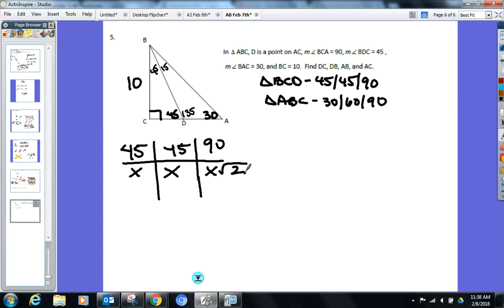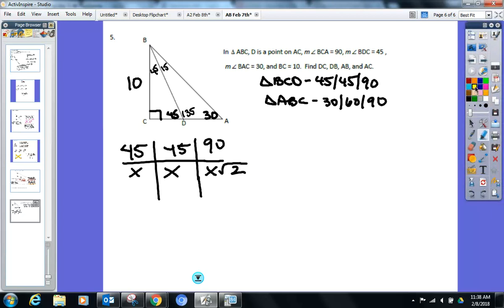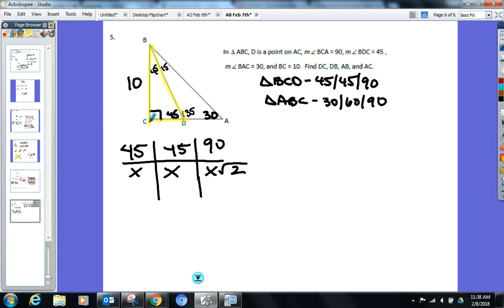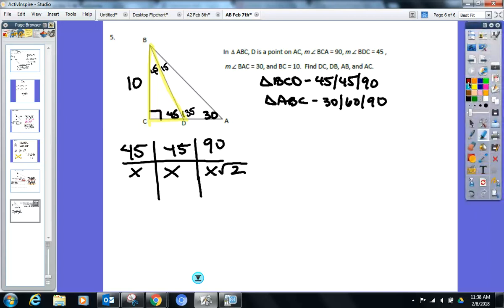Guys, you can only use this triangle. Don't look at any other sides except for those. What side did I give you? Where's it across from? So guess where it's going? Boom. 10.